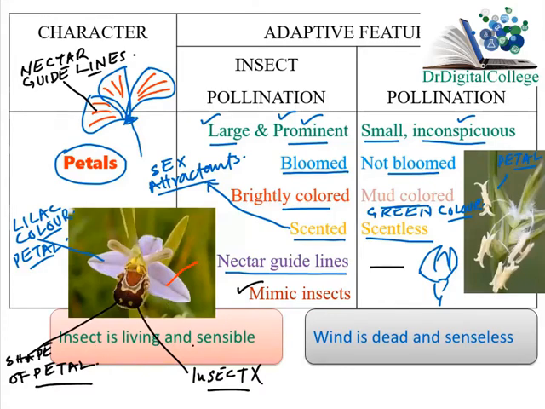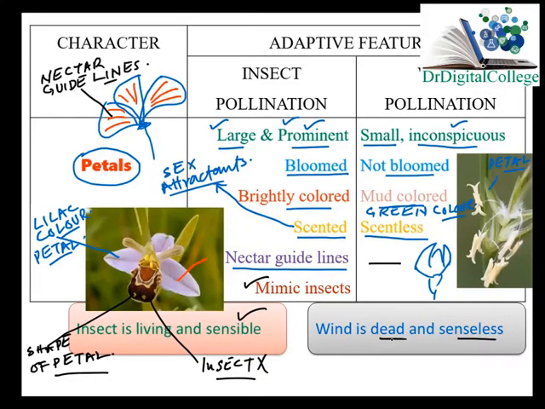So insects are living and sensible agents. For them, all the attractions are for living things, while wind is a dead and senseless agent. So for a dead and senseless agent, there is no attraction which can be there for some living agent.